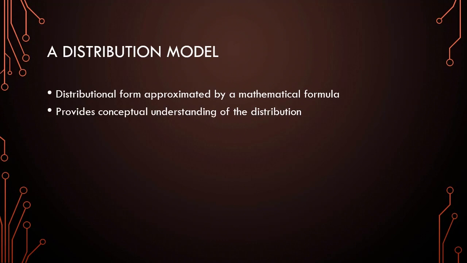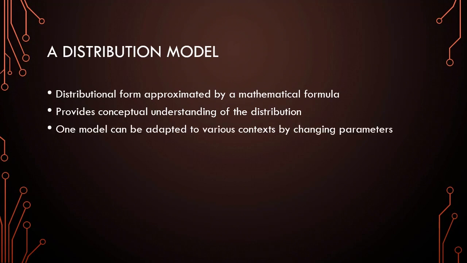This provides a conceptual understanding about the major features of the distribution. One model can be changed for different variables by changing the parameters. That is, there are many uniform distributions, many exponential distributions, and many normal distributions. And these are just 3 of the many mathematical models that are used in statistics.